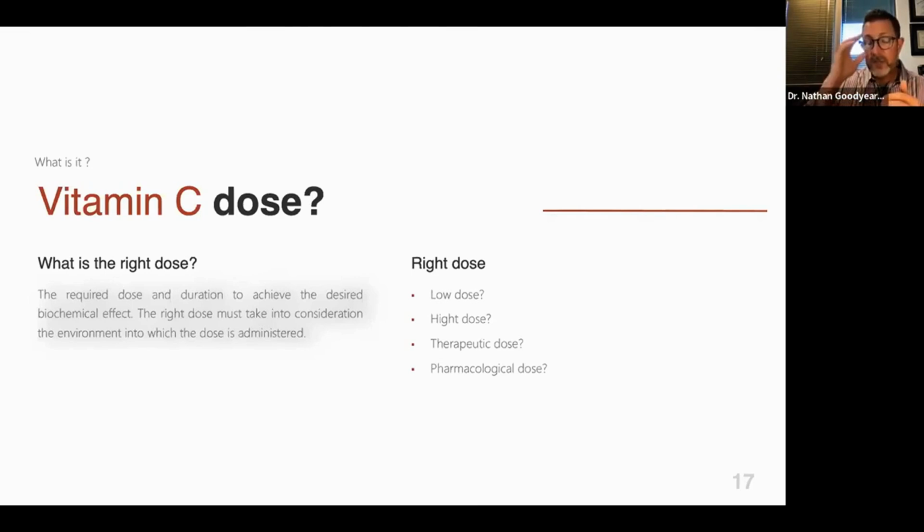But if you give that same dose to somebody, like I said, 6'6", 335 pounds, that right dose in that small individual is going to be a low dose in the other individual. So what we have to do is understand all the different parameters that come together to help us achieve the right dose, which could be a low dose, could be a high dose, but it's to achieve a therapeutic dose, but primarily a pharmacological dose, which is the production of hydrogen peroxide.